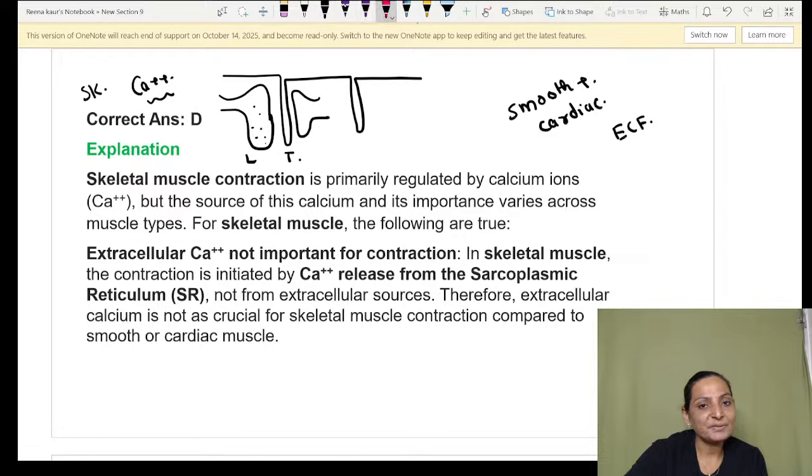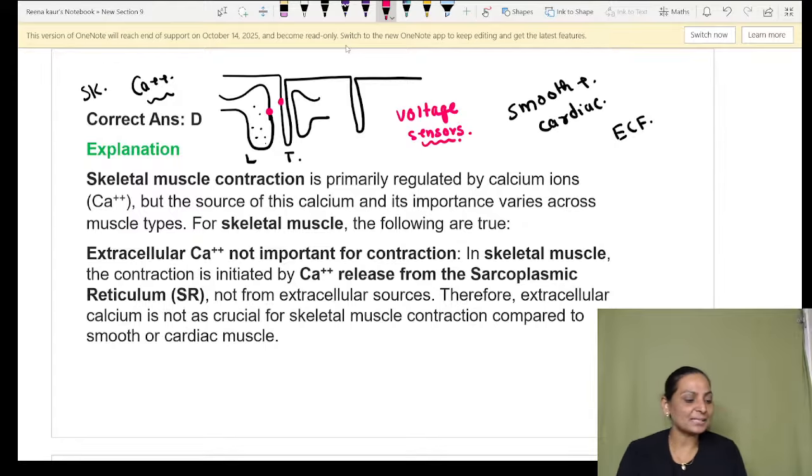The second important difference is that you have DHP receptors on the T-tubules and ryanodine receptors on the sarcoplasmic reticulum. In skeletal muscle, these DHP receptors only behave as voltage sensors. That means they do not release calcium.